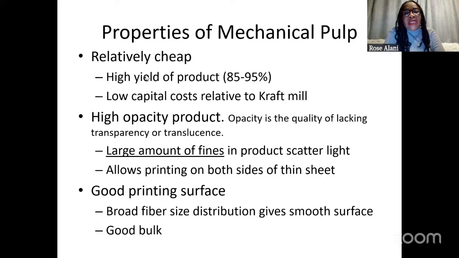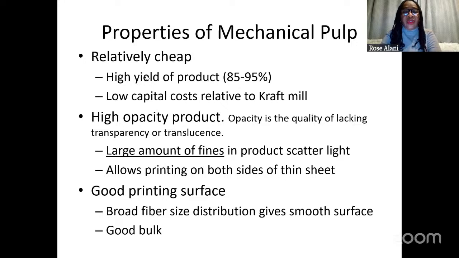So another property is high opacity. So this opacity is the quality of lacking transparency or translucence. So it's not transparent. Then it has large amount of fines in products, and it scatters light.